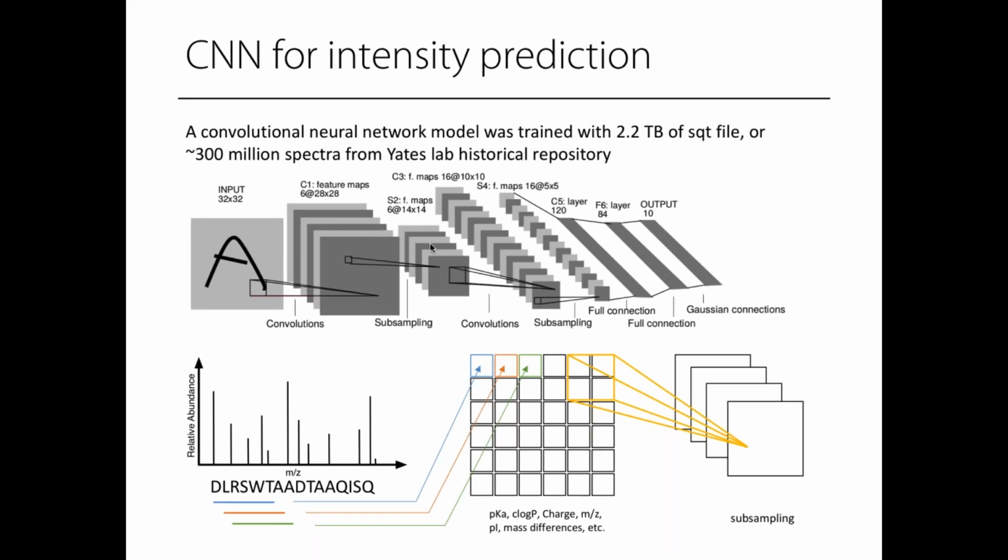For any given sequence, we want to predict a theoretical spectrum with intensity. The data set used is the historic data that we acquired in the lab. We acquired data on 5 different types of instruments and fragmentation, including HCD, CAD, and ETD, and we have 2.2 terabytes of SQT files, which are identification files, altogether covering more than 300 million spectra.